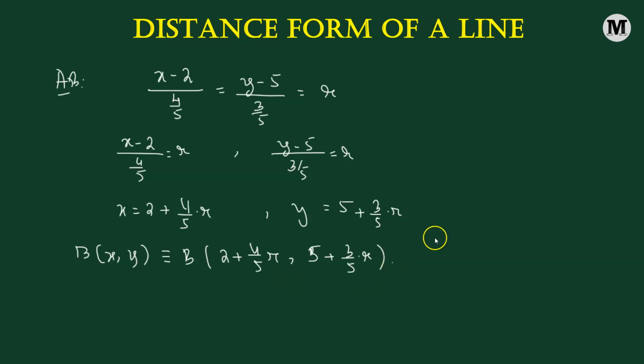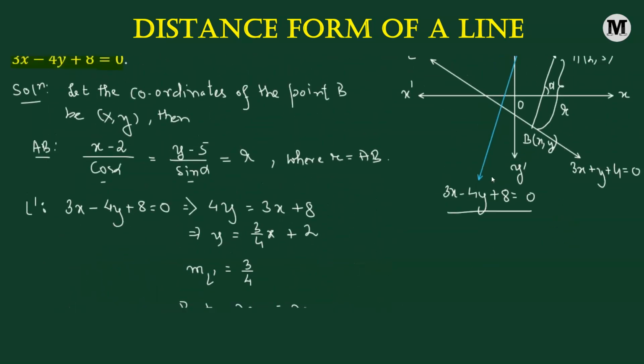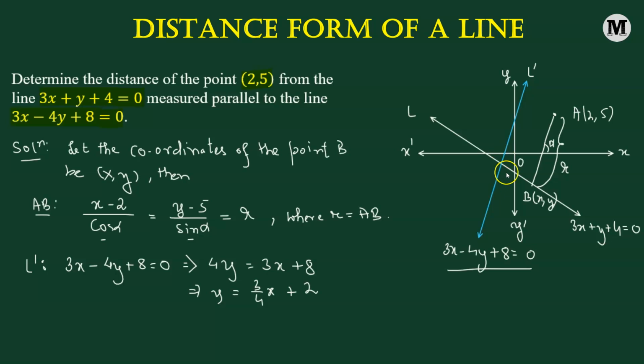The advantage of converting the coordinates of point B into its parametric form is that now we can take help of the fact that since we have obtained the coordinates of point B, it lies on the line L, whose equation is given as 3x plus y plus 4 equals 0. In other words, these two coordinate values are going to satisfy the equation of the line.